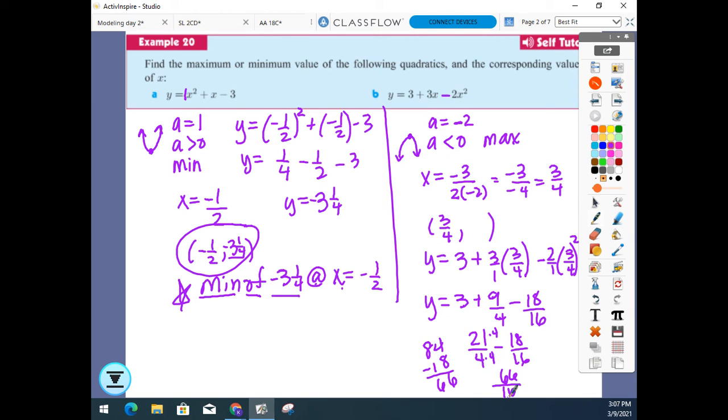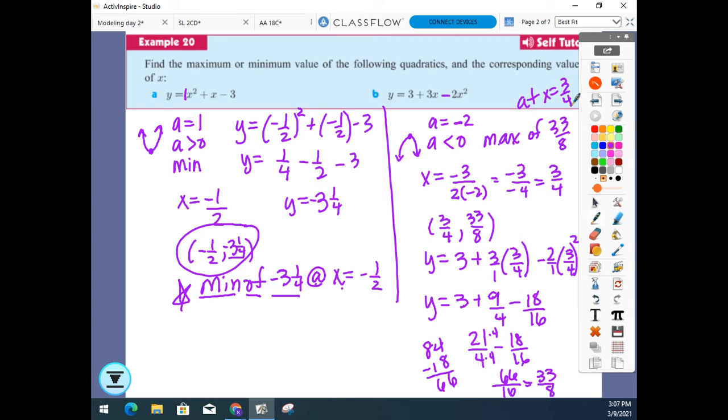I guess I could have reduced my fraction, huh? But that's okay. So this will be 33 eighths. That's my y value. So we have a max of 33 eighths at x equals 3/4.